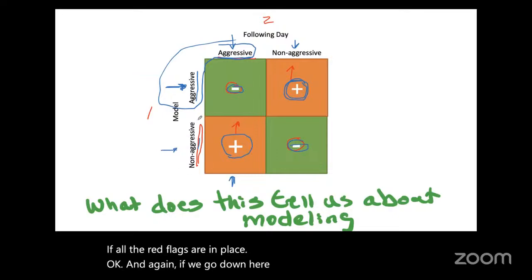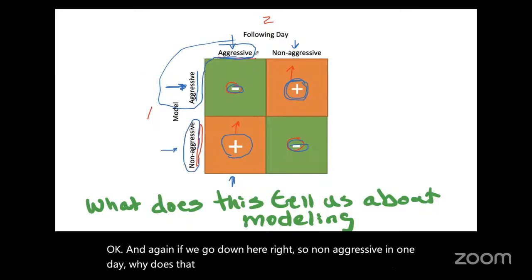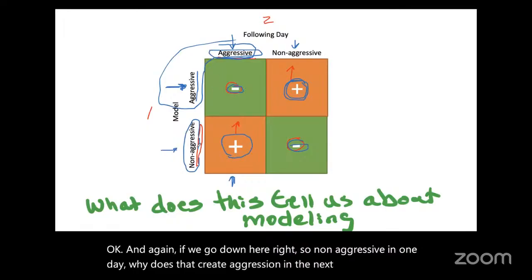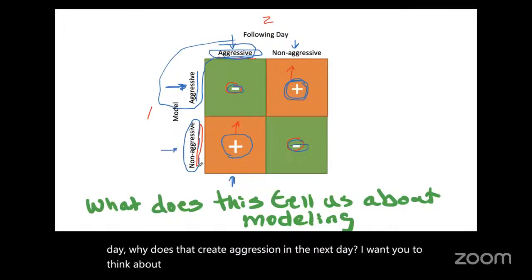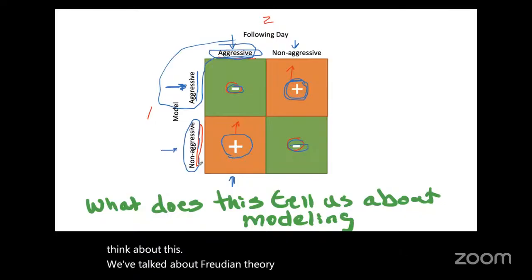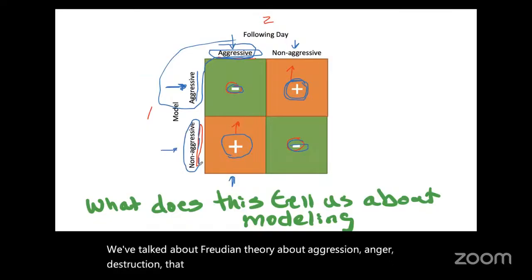So non-aggressive in one day, why does that create aggression in the next day? Well, I want you to think about this. We've talked about Freudian theory about aggression, anger, destruction. That is a natural propensity for children to experience.